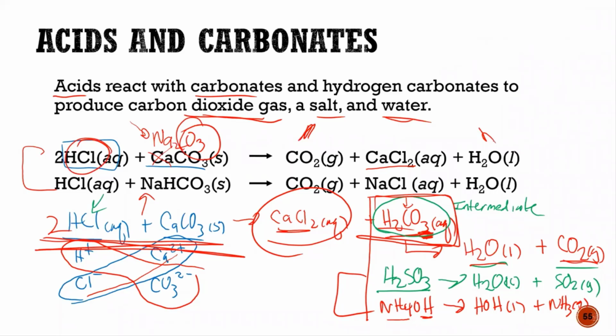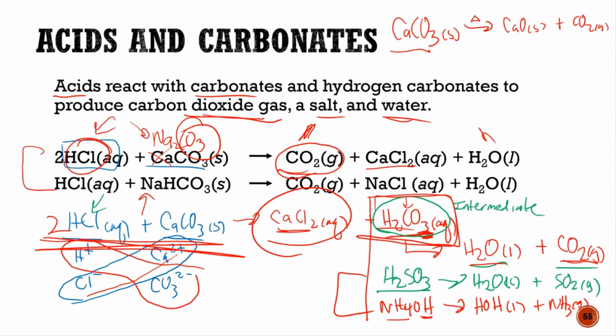And actually, this is something I even showed when I first showed decomposition reactions, I even showed the little triangle. If I heated up a metal carbonate, right, I get a metal oxide and CO2 gas. Well, now, if I have it react with an acid, I'm actually getting still that CO2 gas, but I'm getting water instead of the metal carbonate.